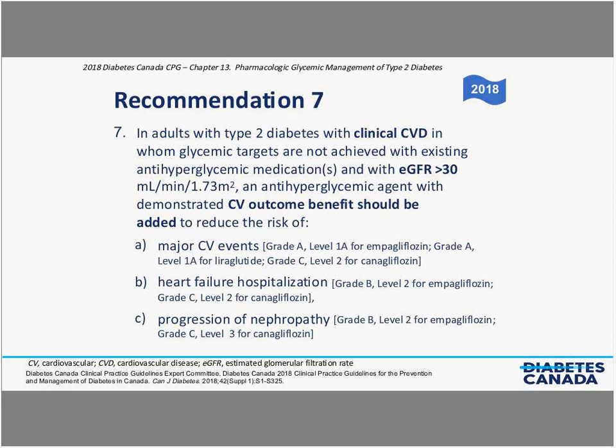And the thing that's different is that they say that a drug like empagliflozin should be added as long as the GFR is over 30. Now that's quite a low GFR to be adding an SGLT2 inhibitor.